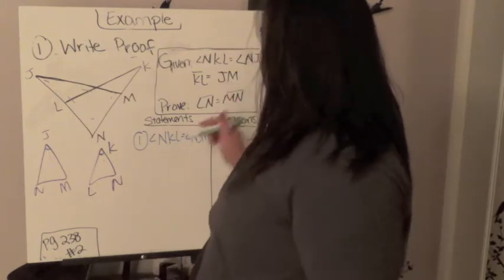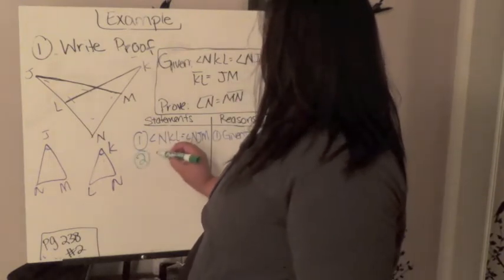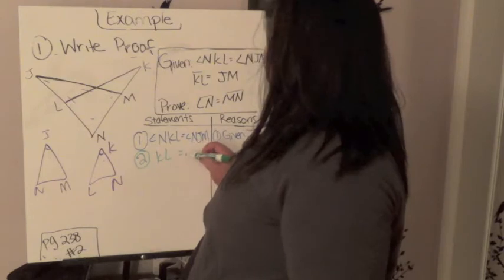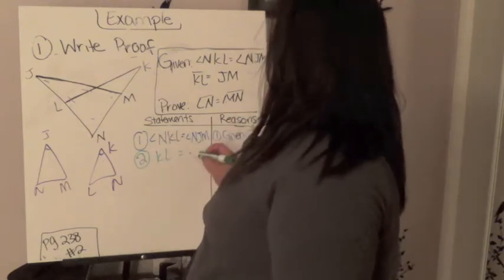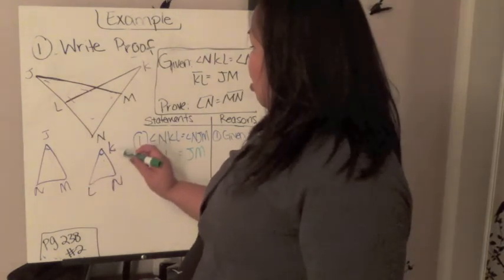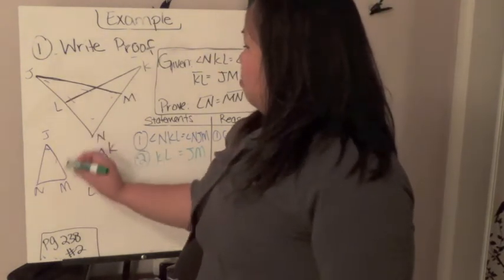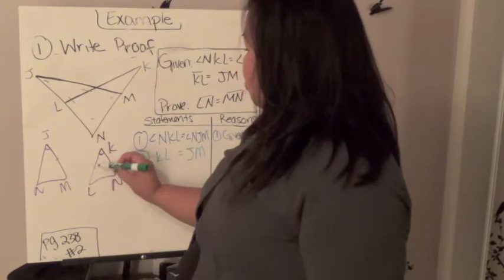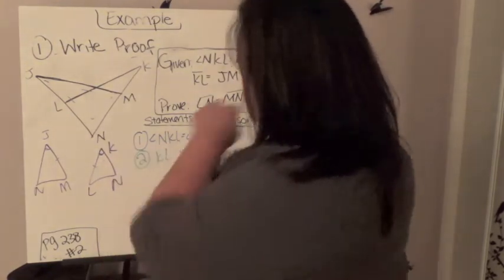Our next one that's given is KL is equal to JM. So this is telling us that side KL right here is equal to JM. So this is equal to this.